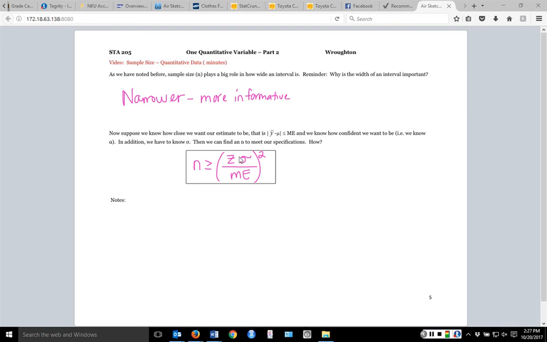Now think about what these things are. z was found based upon our confidence level. So to find z, if we're going to be 95% confident versus 99% confident, that's going to help us find our z just as it did before. That margin of error is how close we needed to be. How far off are we willing to be?